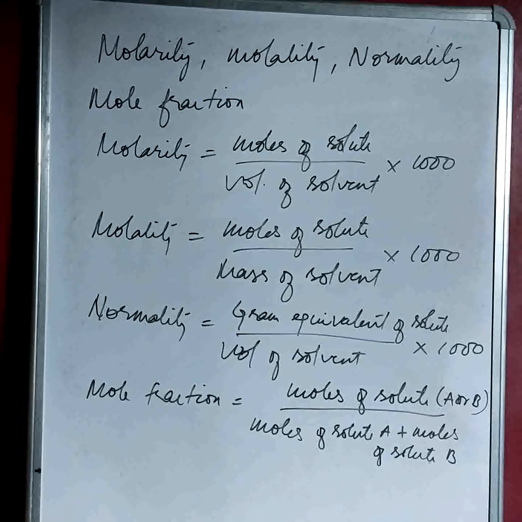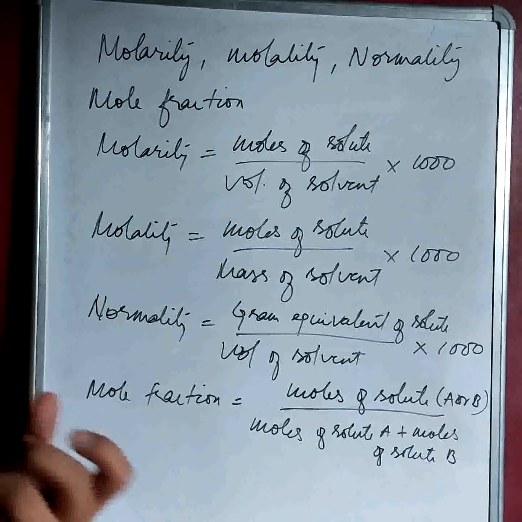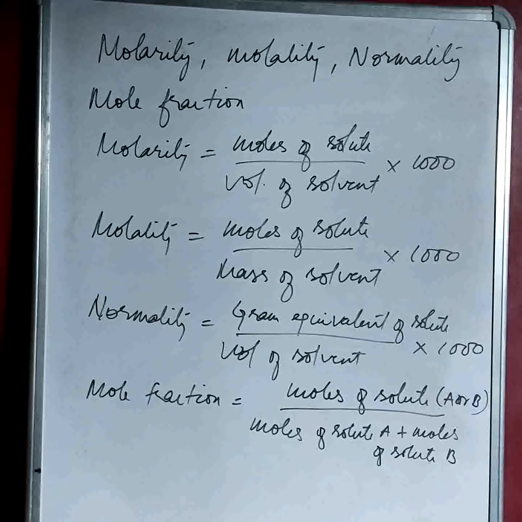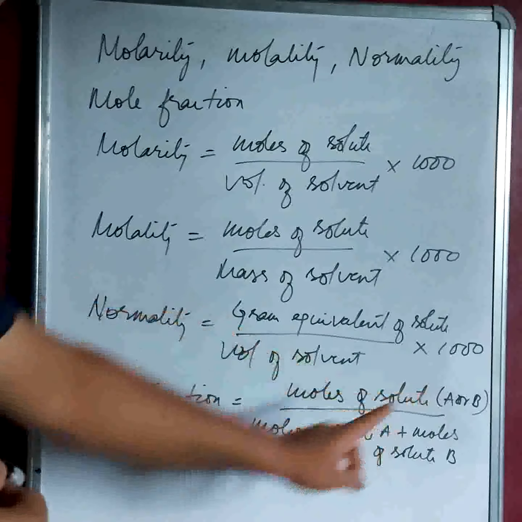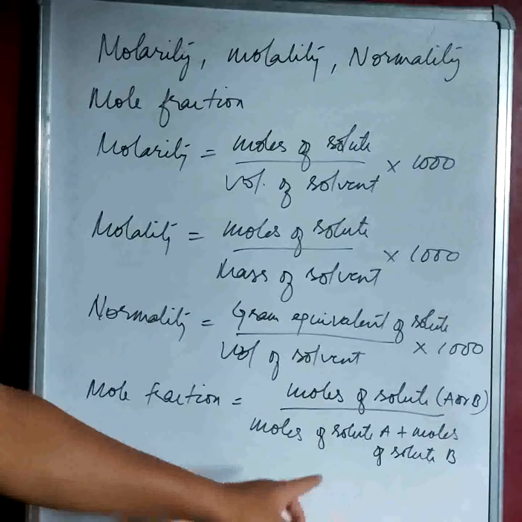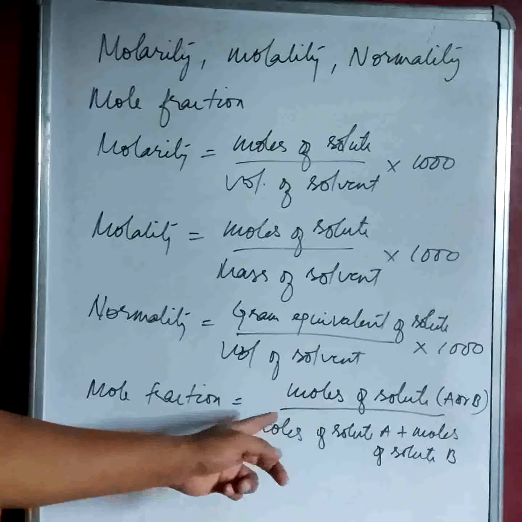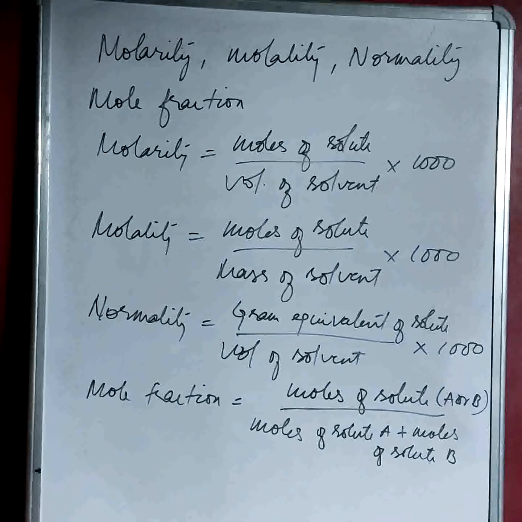If a compound has two parts, A and B, to find the mole fraction of either A or B, we divide moles of solute A over moles of solute A plus moles of solute B. Or if you want to find B, similarly, moles of solute B over moles of solute A plus moles of solute B. That's how we find the mole fraction.